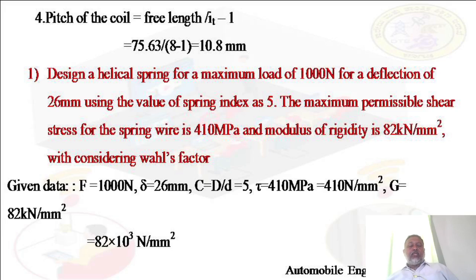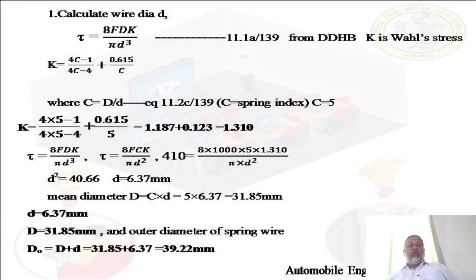After finding the Wahl's factor, we will go through shear stress and deflection. So first we will go with shear stress, 8 F D K by pi d cube, and substitute all the values to have d square, that is 6.37, the answer for wire dia.